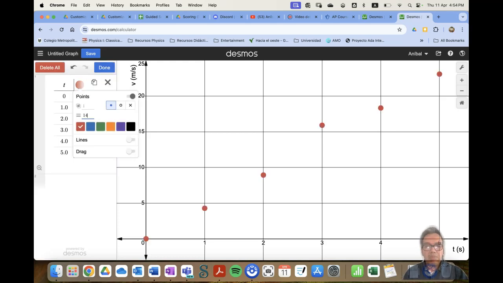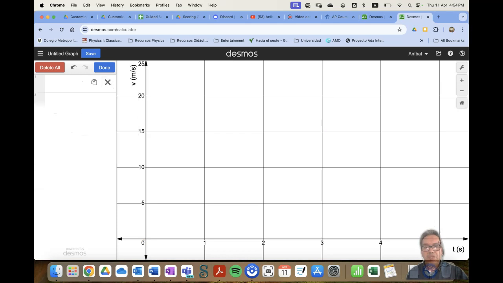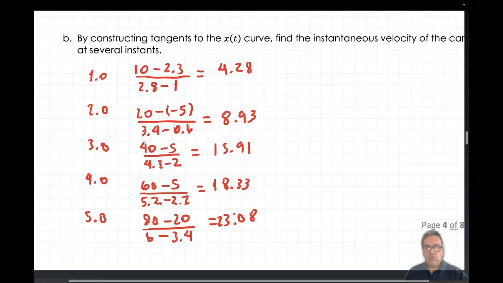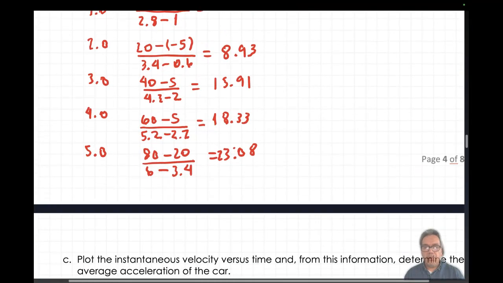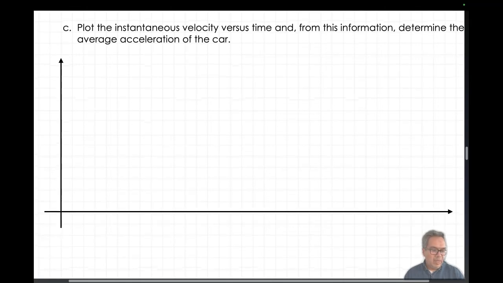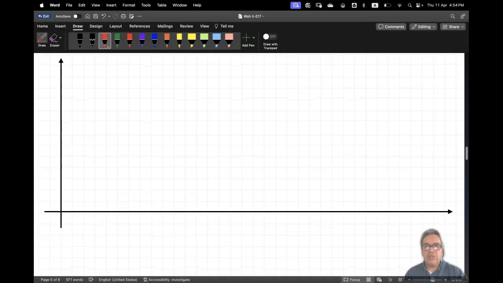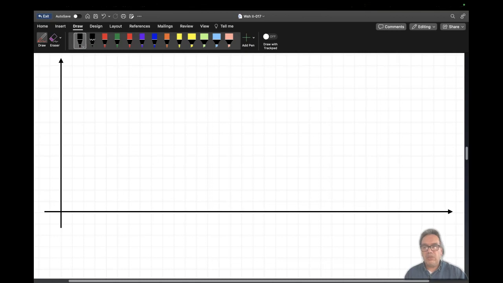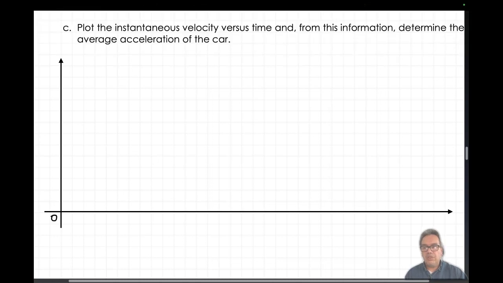And so if you try to do them by hand, let's go back to your problem, then you have a situation where the highest value is 23. So we might want to go from 0 and say 5 by 5.